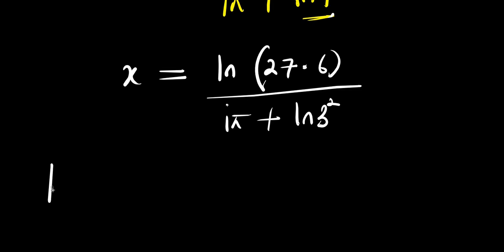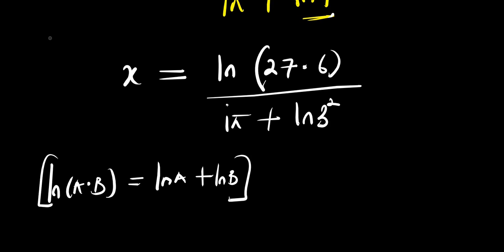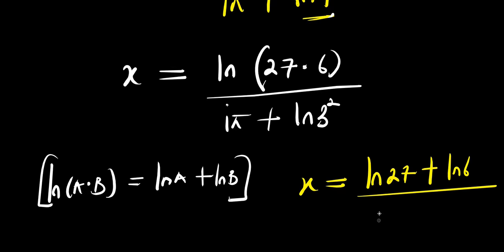And don't forget that natural log a times b equals natural log a plus natural log b. So this means that x equals natural log 27 plus natural log 6 divided by i times pi plus natural log 3 power 2.